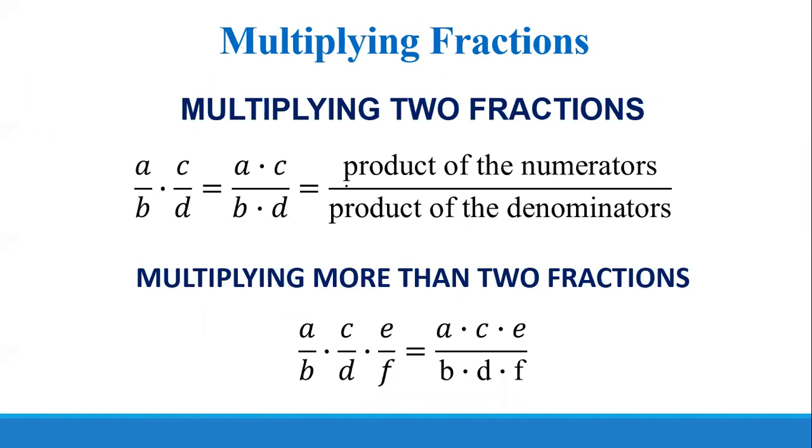This is equal to the product of numerators and the product of denominators. So, multiply mo lang si numerator together and the denominator together. Parang ito. Okay, and multiplying more than two fractions, just multiply the numerators together and denominators together.